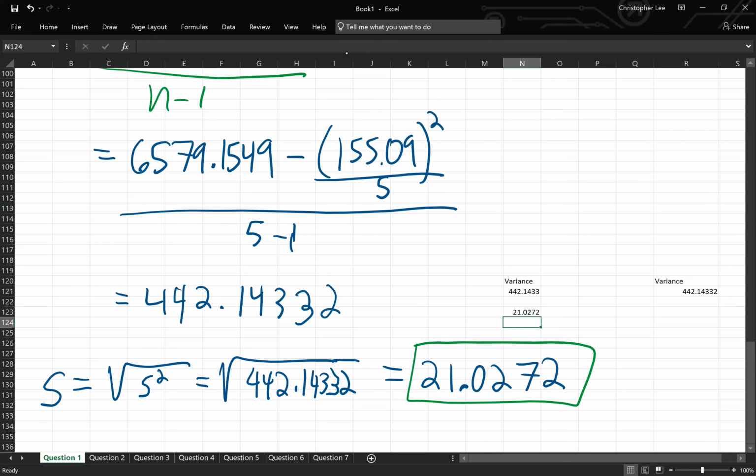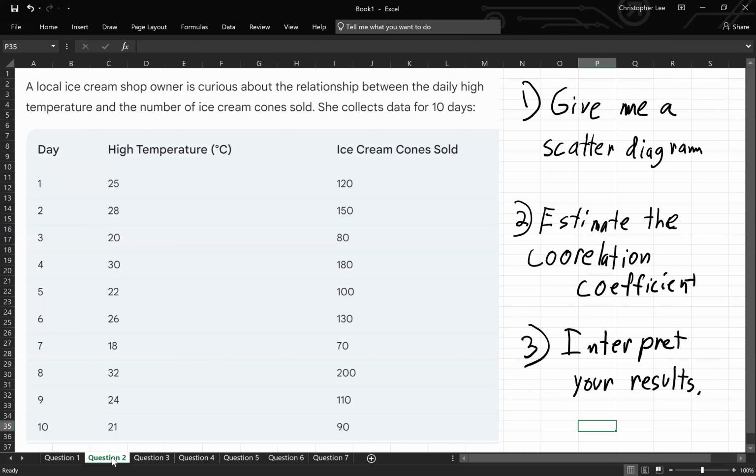All right, let's look at question two. So this is a little bit more than what we're used to, right? Our story is there's a local ice cream shop owner, and he's curious about the relationship between the daily high temperatures and the number of ice cream cones sold. So she collects data for 10 days.